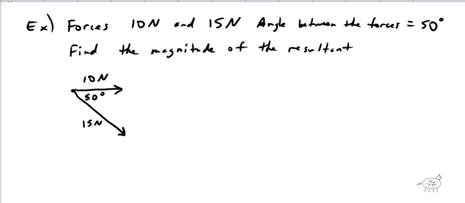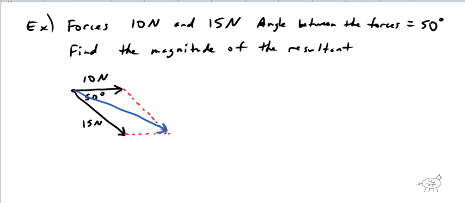I'm going to use the parallelogram method. So what I'm going to do now is finish up my parallelogram. Okay? And then I'm going to draw the resultant vector in there. It's not that good of a picture, but it's okay. Now I'm going to use my properties of parallelograms to figure this out.